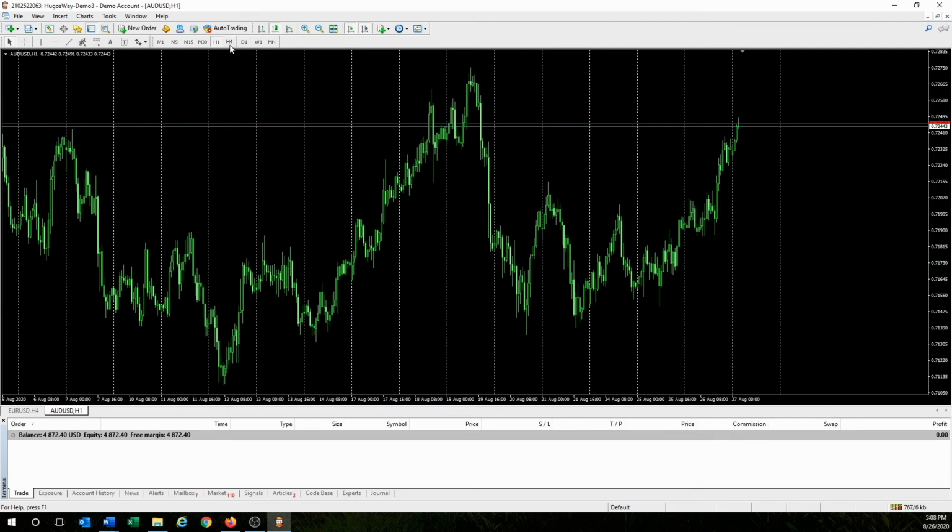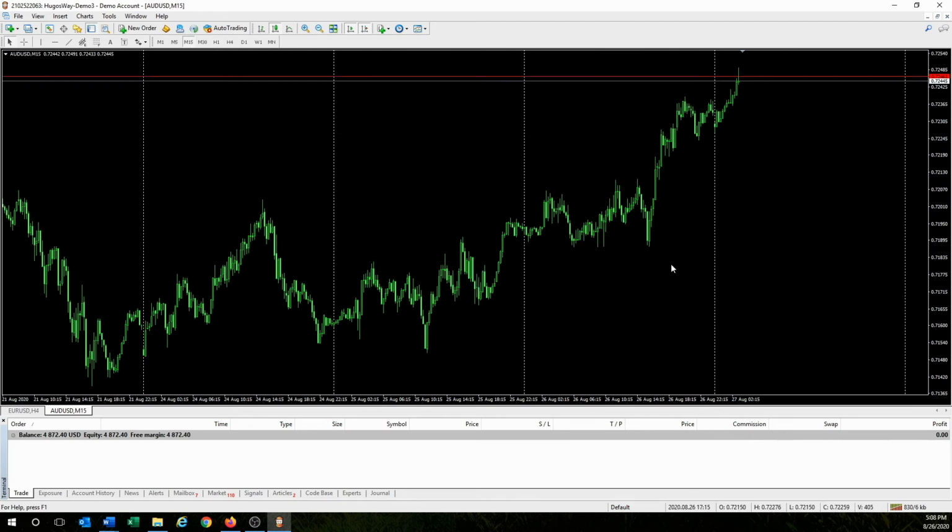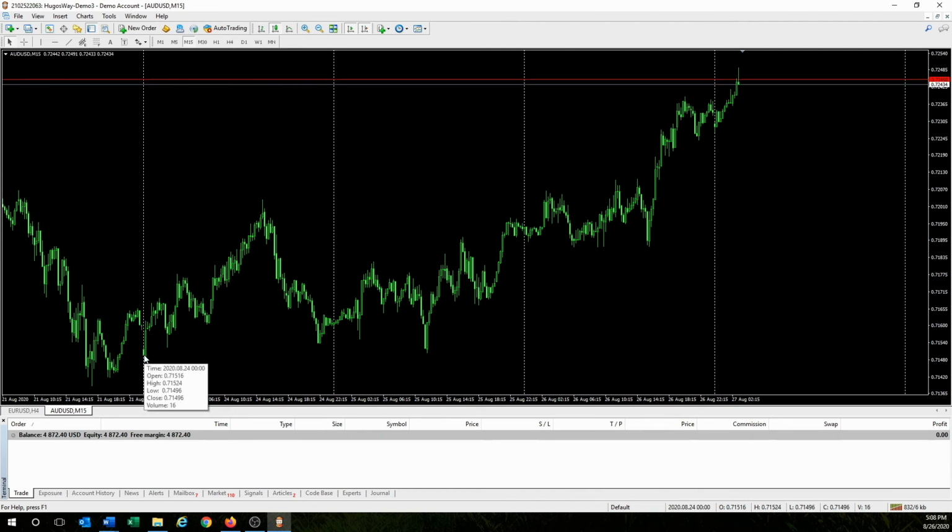So I know some students started recognizing, they're like, well, the market starts printing weird candles around here. So you see how here it went from here and it dropped down? Well, that's because the market closed and then reopened. And this happens, for me, it happens 2 p.m. every day.